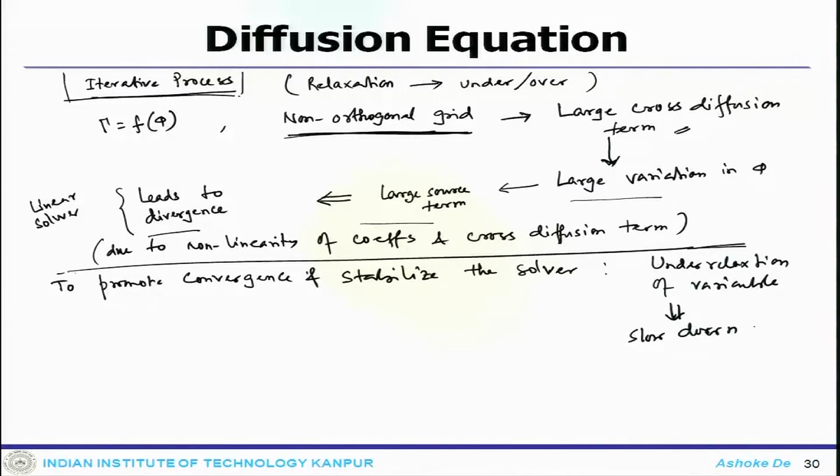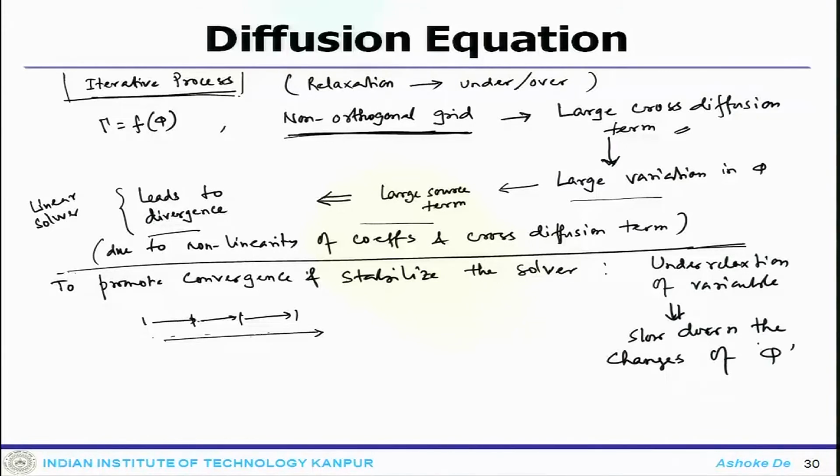the changes of variable phi. That means when you go from one step to another, and another to another, you slow down the variation or the changes, so that you move towards your final solution slower.